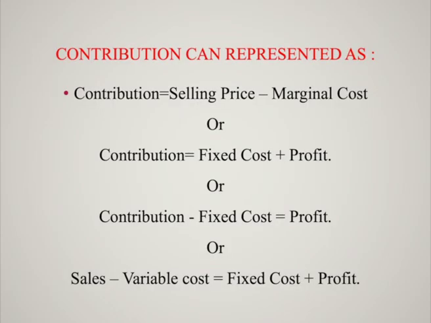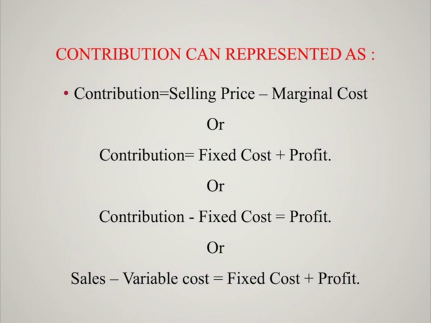Contribution can be calculated by the following methods. When you want to calculate the contribution, we take the sales and deduct the variable cost. Or, when you have the two variables fixed cost and profit, the aggregate of fixed cost plus profit is also called contribution. Contribution is also divided into two parts, fixed cost and profit.